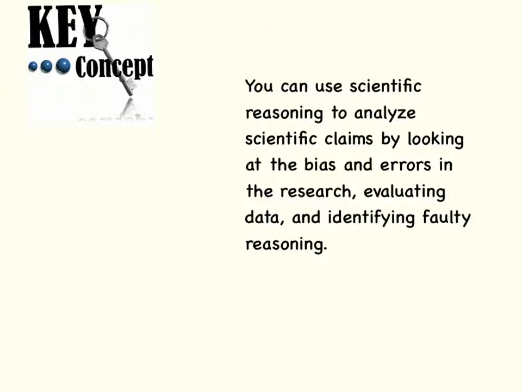Evaluating the data, actually looking at the numbers, looking at what was done, how it was done, and identifying faulty reasoning. Does this make sense? Does this look like it has some truth to it? How can you double check the work, the research that someone else has done?